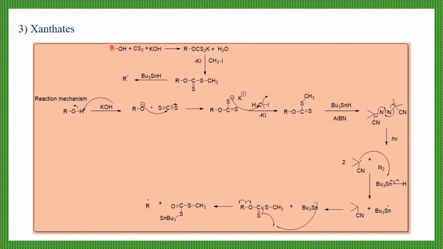When we irradiate or heat, you will get the alkoxy radical, not an R radical. But when you convert it into xanthate and react that xanthate with tributyltin hydride, you will get this alkyl radical. So this is the application of tributyltin hydride.